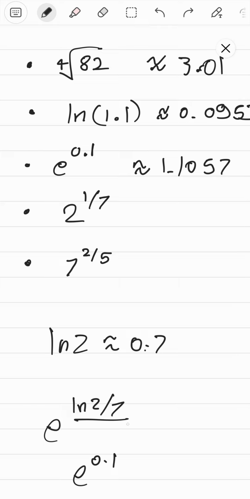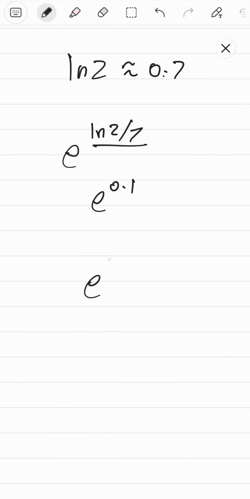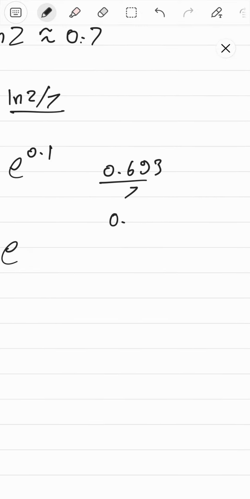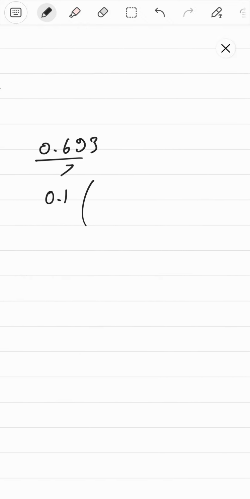That pretty much the same stuff. And you could have gone for e power, okay, so 0.693 and that thing upon 7, right? Yeah, which I can think is, it's like, okay, 0.1, and then you got 0.7 minus this guy, and all of that upon 7, right?